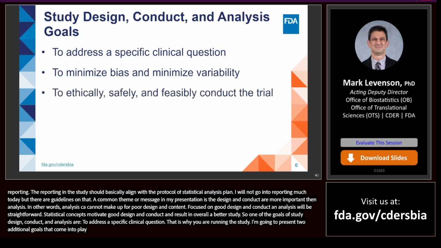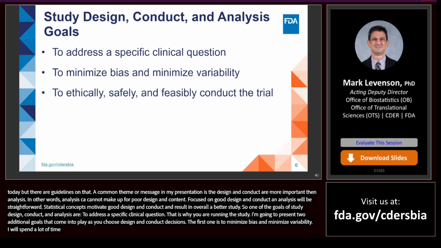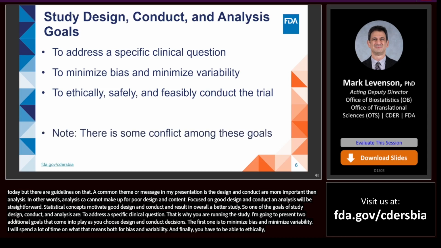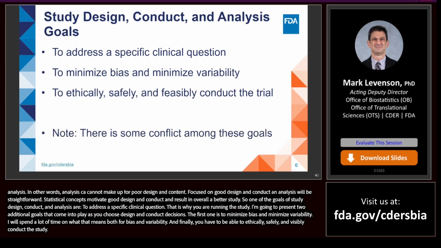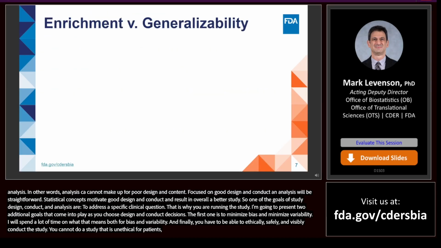And finally, you have to be able to ethically, safely, and feasibly conduct the study. You can't do a study that's not ethical for patients, not safe for patients, or it's just not feasible. Now, the problem is there's almost inevitably some conflict among these goals. And let me give you an example.